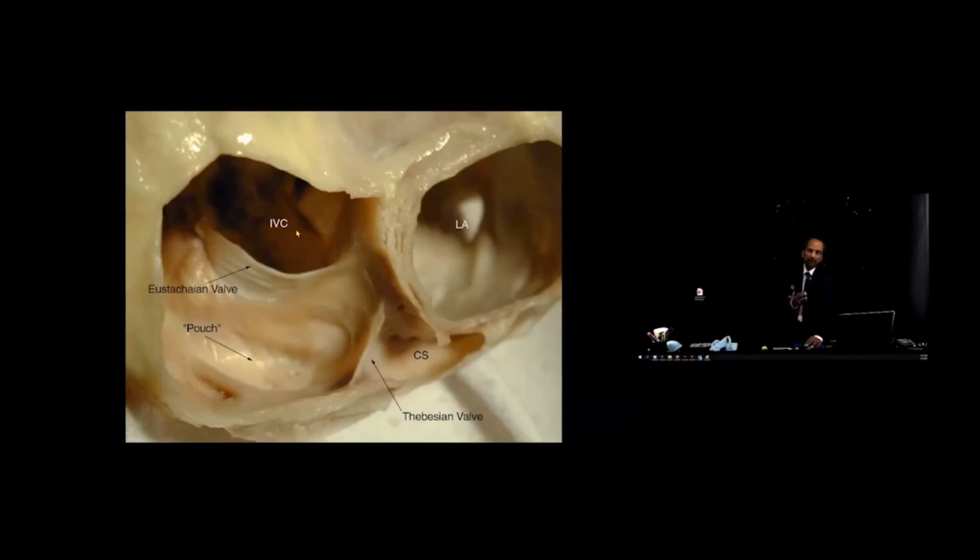The other situation where this can happen is conditions where the eustachian ridge is vestigial, very small. In almost all normal hearts, the eustachian ridge is prominent. That's what kept mother's oxygenated placental flow in the fetus, directed it towards the patent foramen ovale.